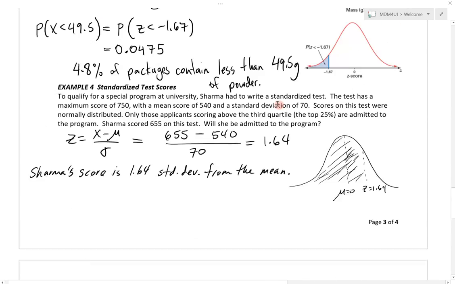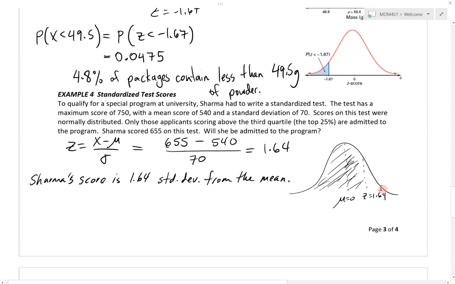Now Sharma is 1.64 standard deviations. Okay, so that means if mu plus one standard deviation is approximately 74%, then mu plus 1.64 standard deviations would be greater than, well, definitely greater than 75%, right?